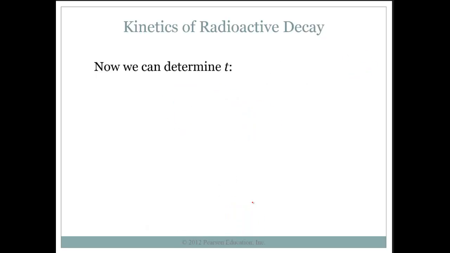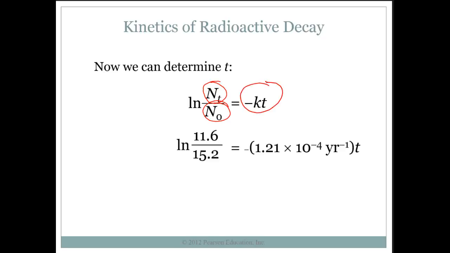So we can now determine the time. That means the natural log of N of t over N of naught, which is what we were given in the question itself, is equal to negative kt. These 11.6 and 15.2 were given in the question as disintegrations per second. k is what we solved for in the previous screen, and so we want to look for t.